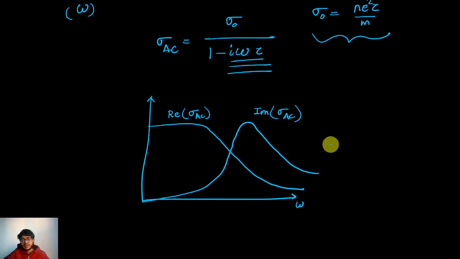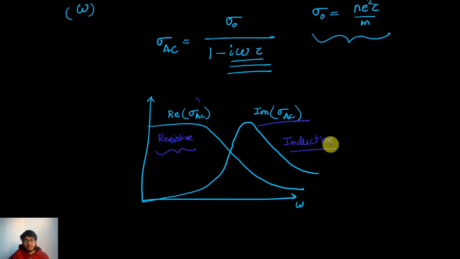It's resistive, so it is heat, energy being dissipated. But the imaginary part is kind of an inductive thing. For those who have studied a little about inductances, this is inductive, so this is not dissipative.